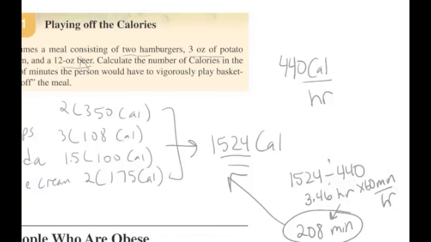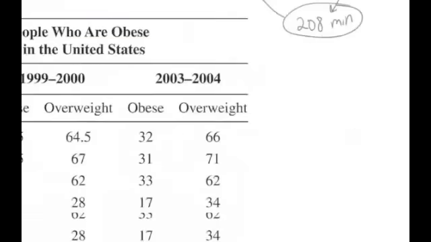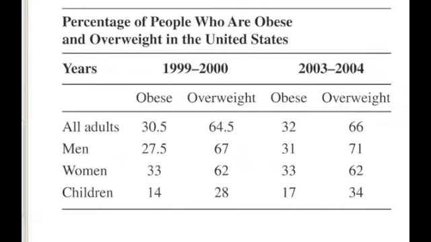So that's just to give you a feel for how active you have to be to eat like that. A lot of people aren't that active and they eat like that, and because of that, in the United States we have a lot of people who are overweight.